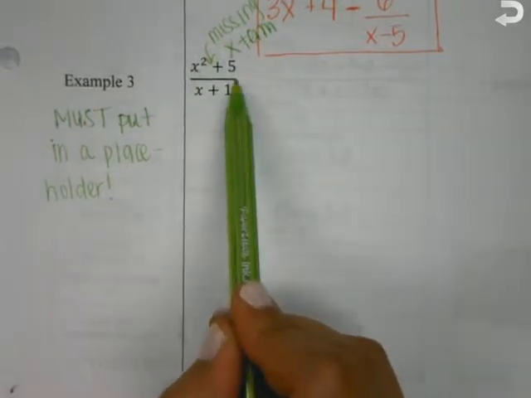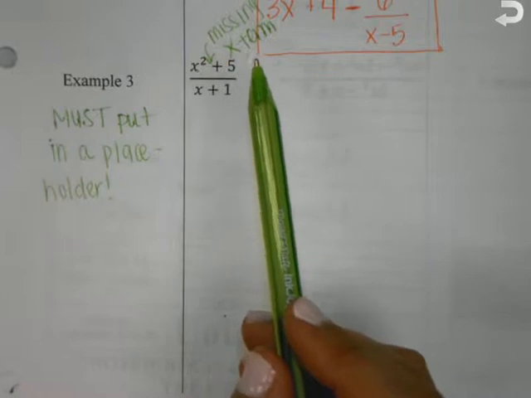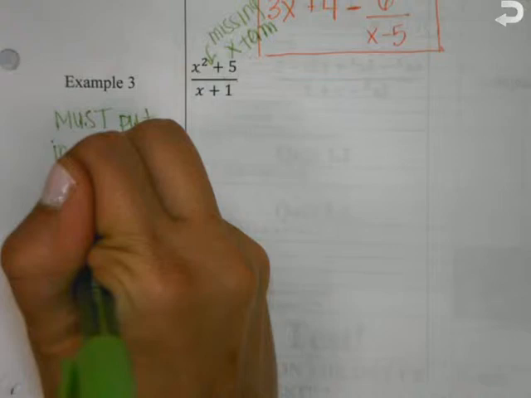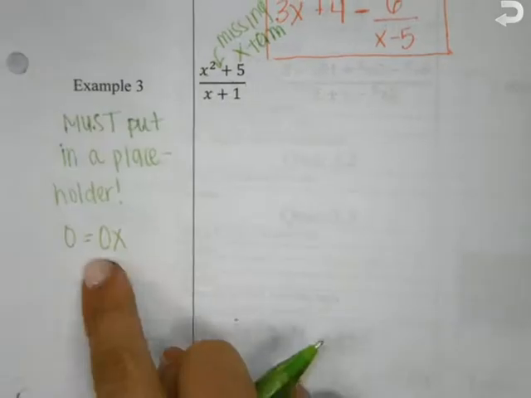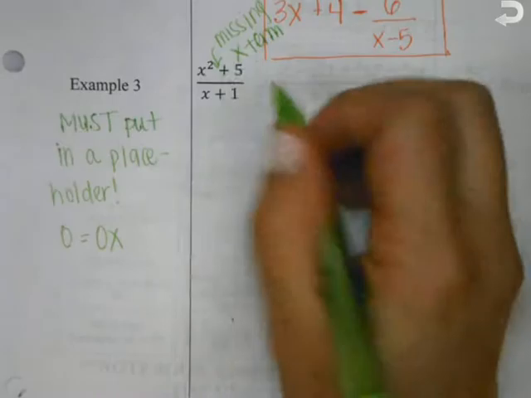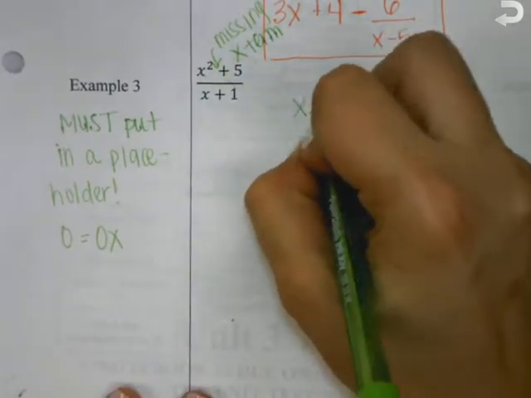What can I add that won't change the value? 0. So how can I rewrite 0 but with x's? 0x. What's 0x? 0. So let's rewrite this but put in 0x in the middle. So that's going to be x plus 1 goes into x squared plus 0x plus 5.